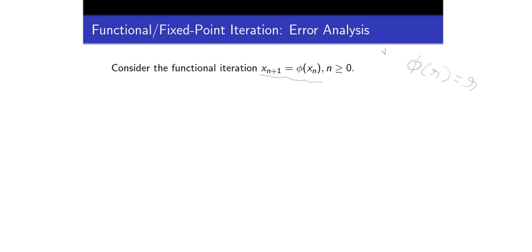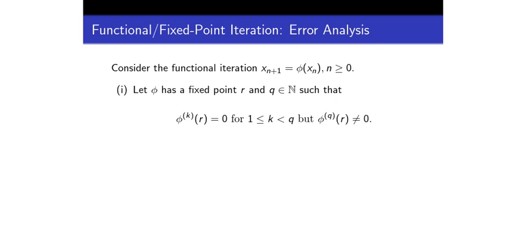Now let's assume that there exists a natural number q such that if you keep on differentiating phi, you obtain that from the first derivative up to the (q minus 1)th derivative, phi dash of R equals phi double dash of R, and so on, equals the (q minus 1)th derivative at R, equals 0, but the qth derivative is non-zero.